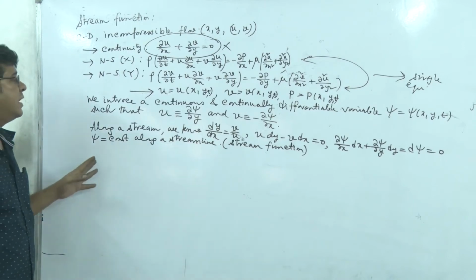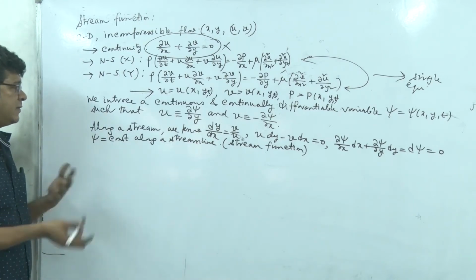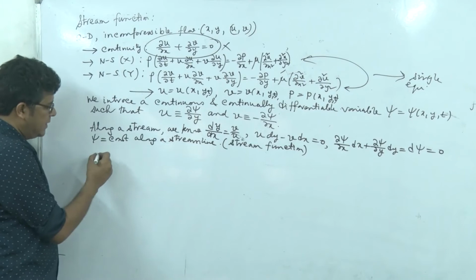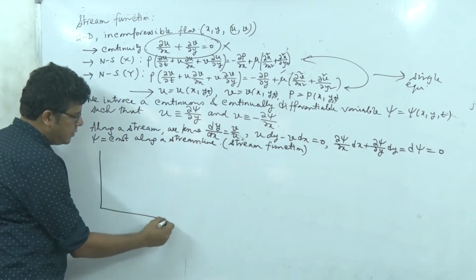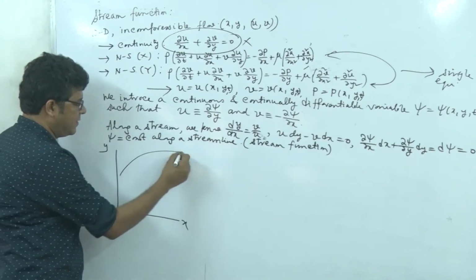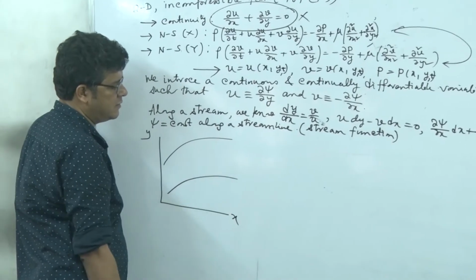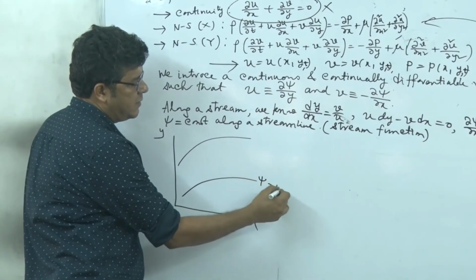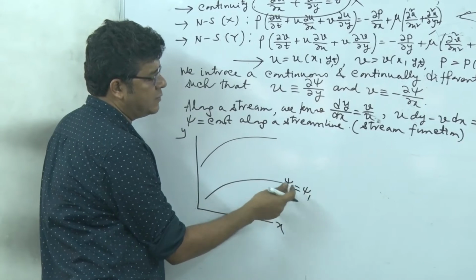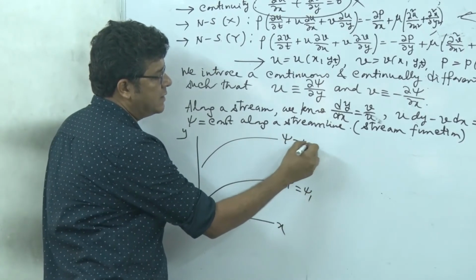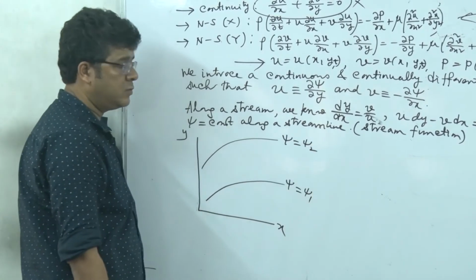Next, there is another physical interpretation. Let's say you have xy space and there are two adjacent streamlines marked by stream function values xi equal to xi1, and xi equal to xi2, right?